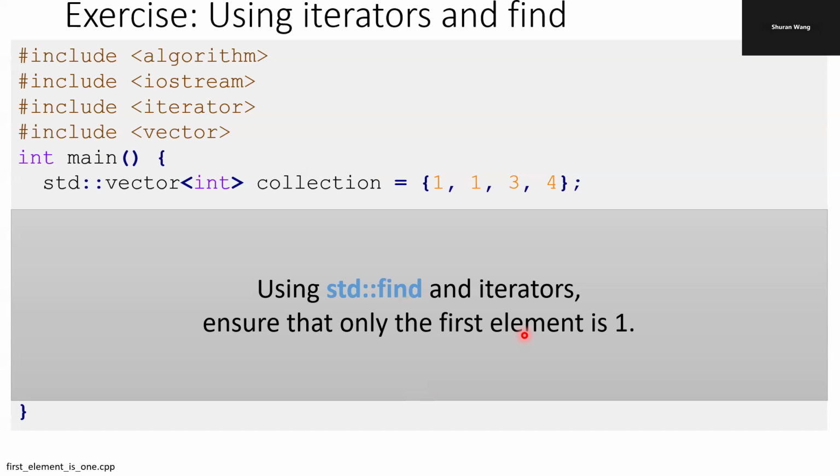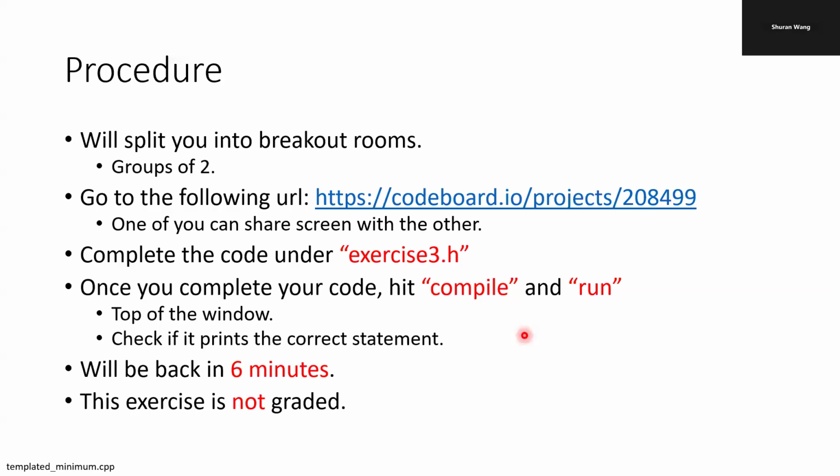So what we need to check is, first, check if the first element is 1. And second, check that only the first element is 1. The other elements in the vector are not 1s. And let's go to the code word and complete exercise 3.